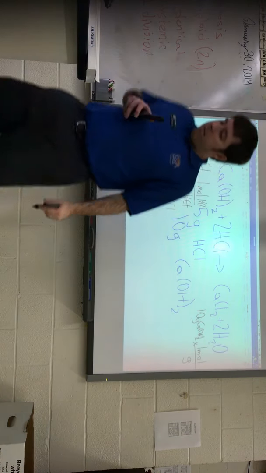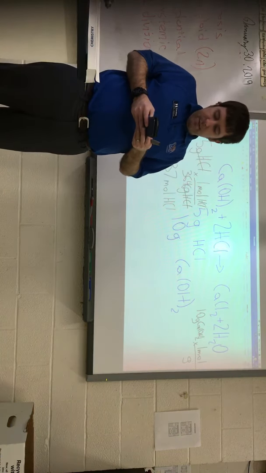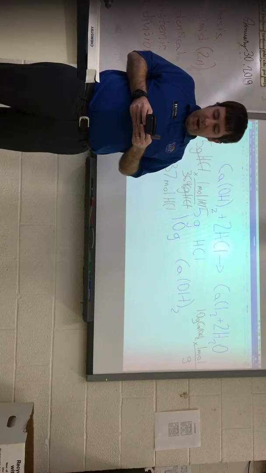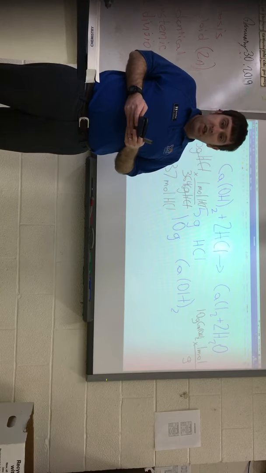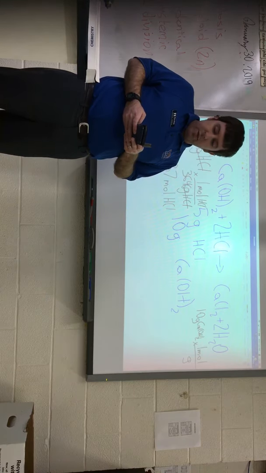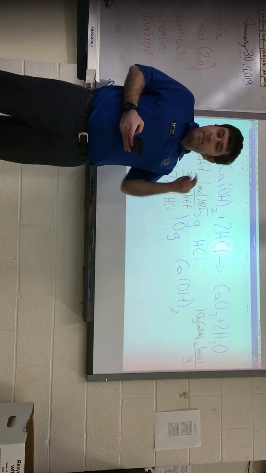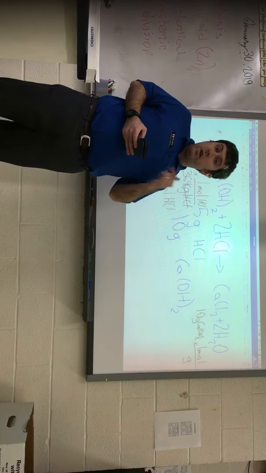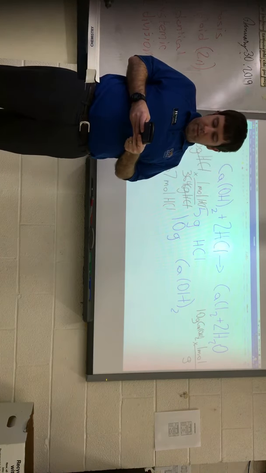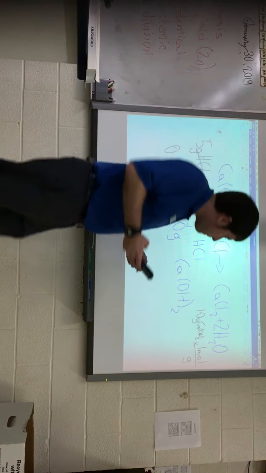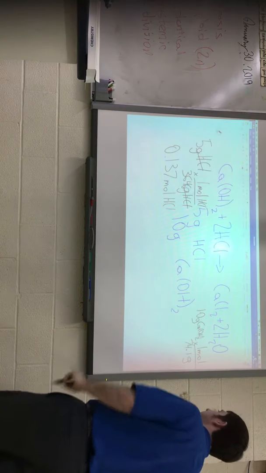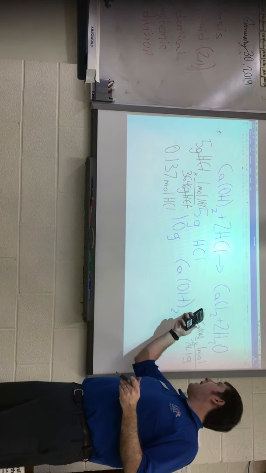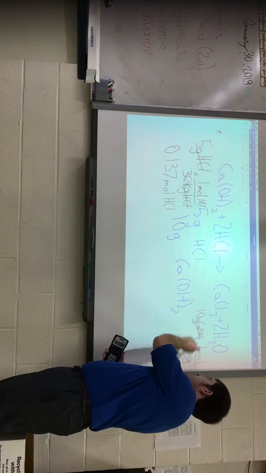Well, calcium is 40.08, and we got 2 oxygens. Oxygen is 16, so 2 of those is 32. We have hydrogen. Hydrogen is 1.01, there's two of them, so that's 2.02. That gives you a molar mass of about 74.1 grams.